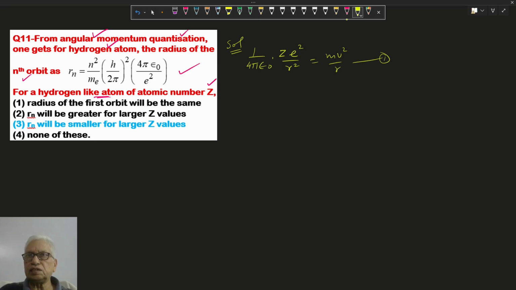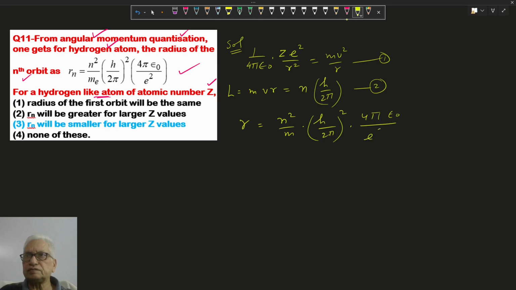And the second condition, angular momentum L equals m v r equal to n h upon 2 pi. From these two equations we can find r equals n square times h upon 2 pi whole square upon m times 4 pi epsilon naught e square Z.